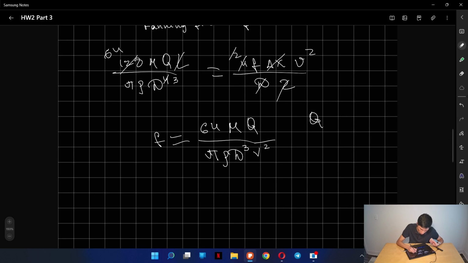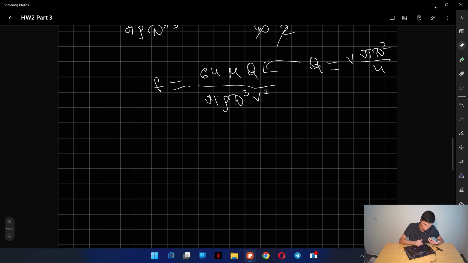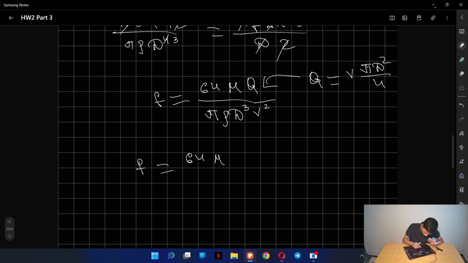And my flow rate itself is equal to the velocity times the cross-sectional area, which is pi d squared over 4, right? So I'm going to plug that back into my equation. So my fanning friction factor is 64 mu, the viscosity, over pi rho d cubed velocity squared, times velocity pi d squared over 4.